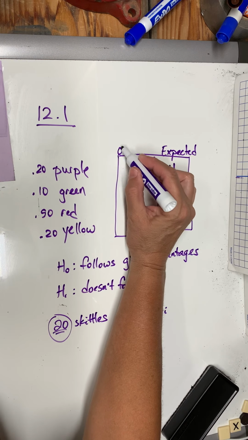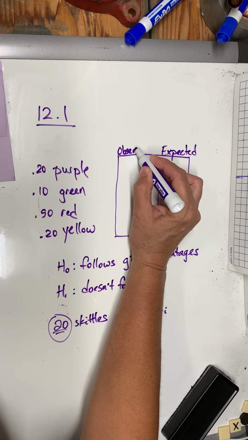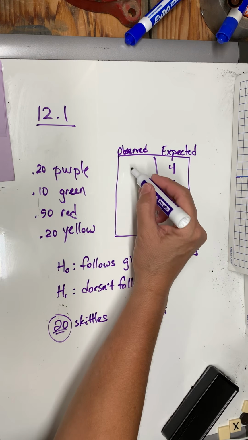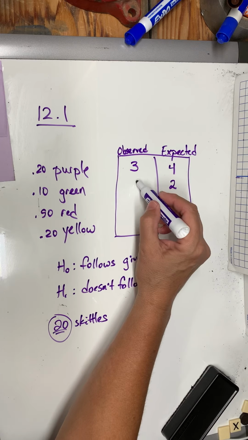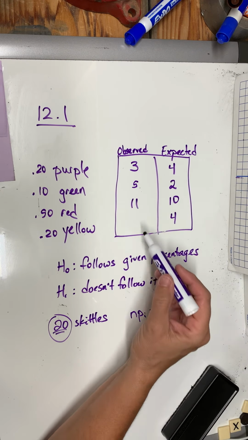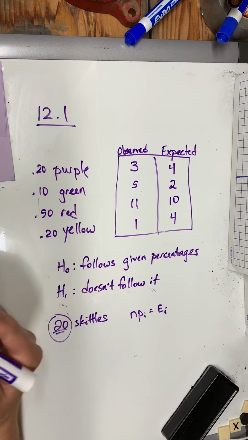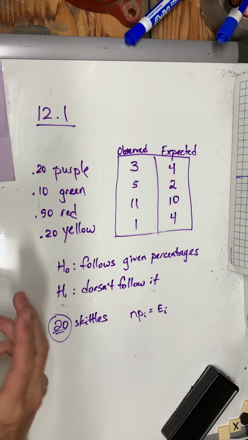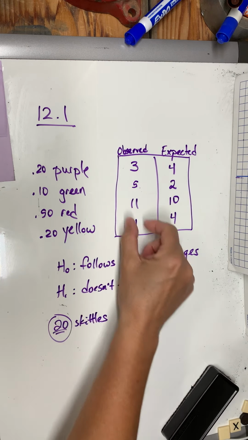Now, what I observed: let's say I open up my bag of Skittles and I actually count them, and I only had 3 purple, 5 green, 11 red, and 1 yellow. I think that adds up to 20 as well. So these are the 2 columns that are important.